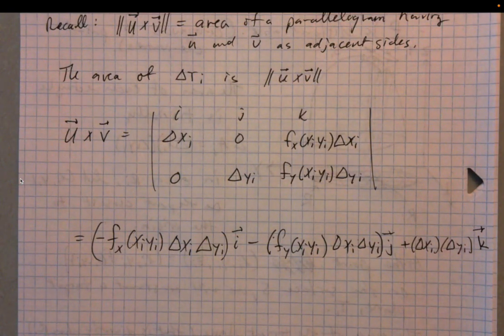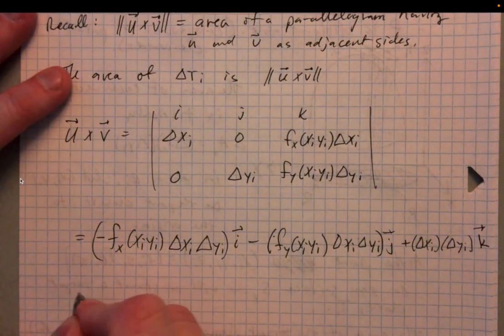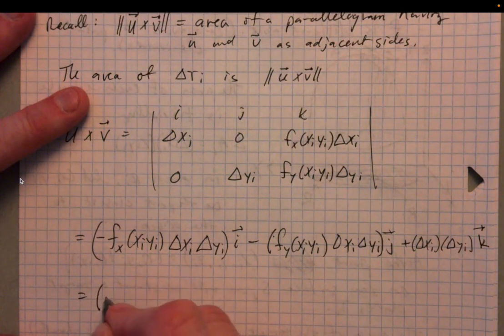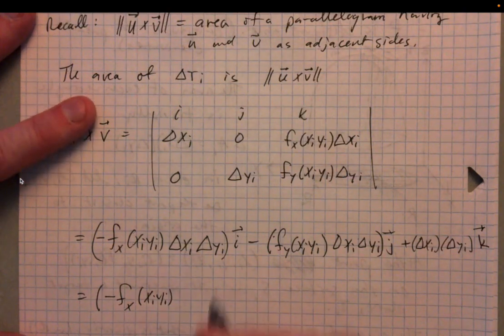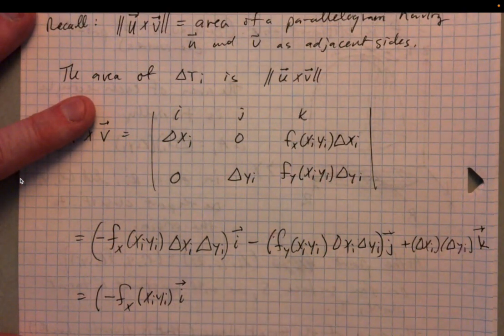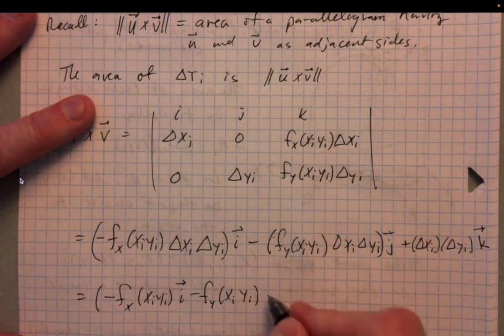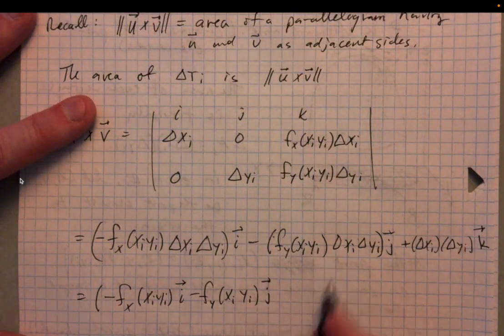Okay, and so we can simplify this somewhat. Basically, we can factor a delta xi delta yi out of each of the terms. A simpler way to write this would be: negative f sub x at (xi, yi) times the i vector, minus f sub y at (xi, yi) times the j vector, and then plus just k.